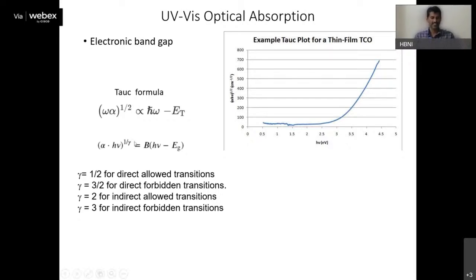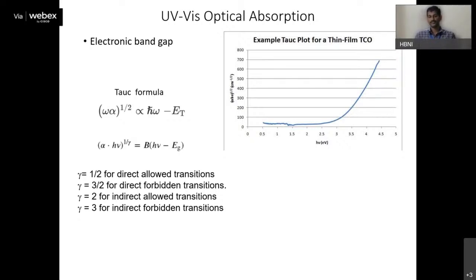So how it is done is basically you have the Tauc formula, where first one has to do an optical absorption measurement. You have a white light source, and in between you put a sample.